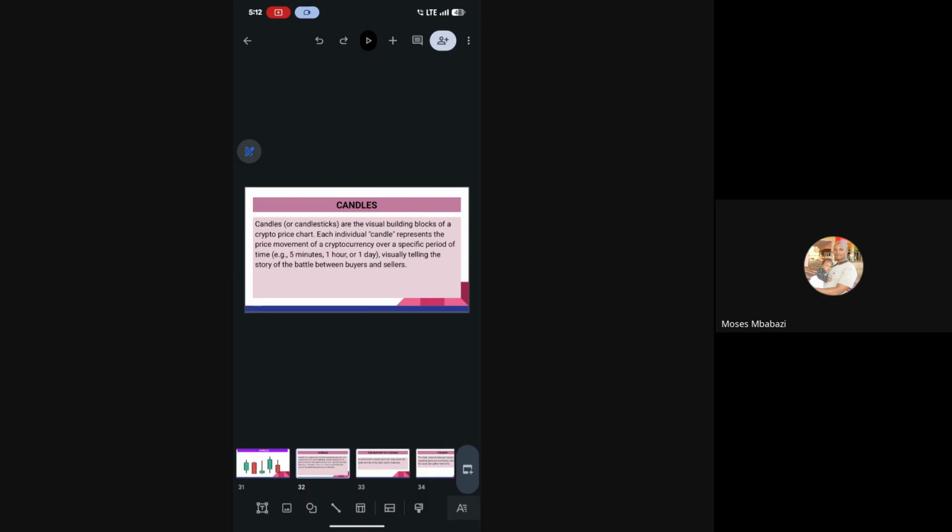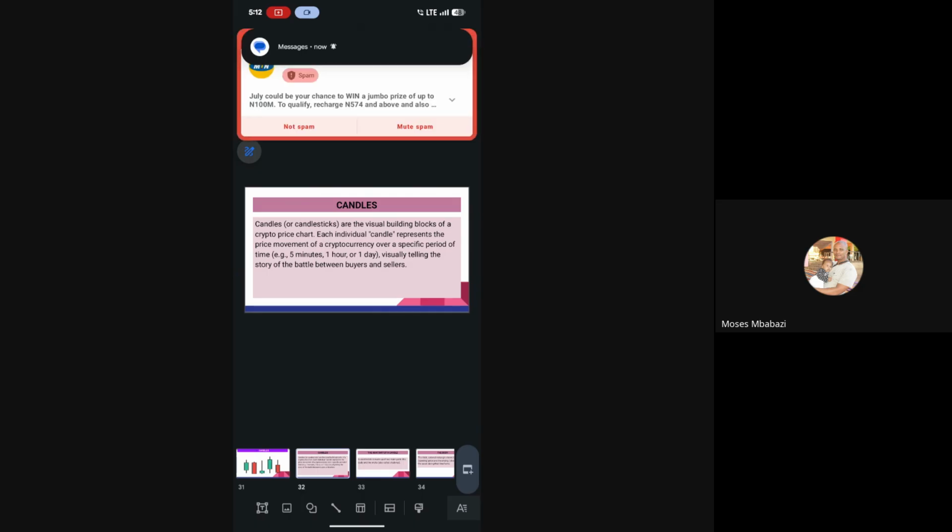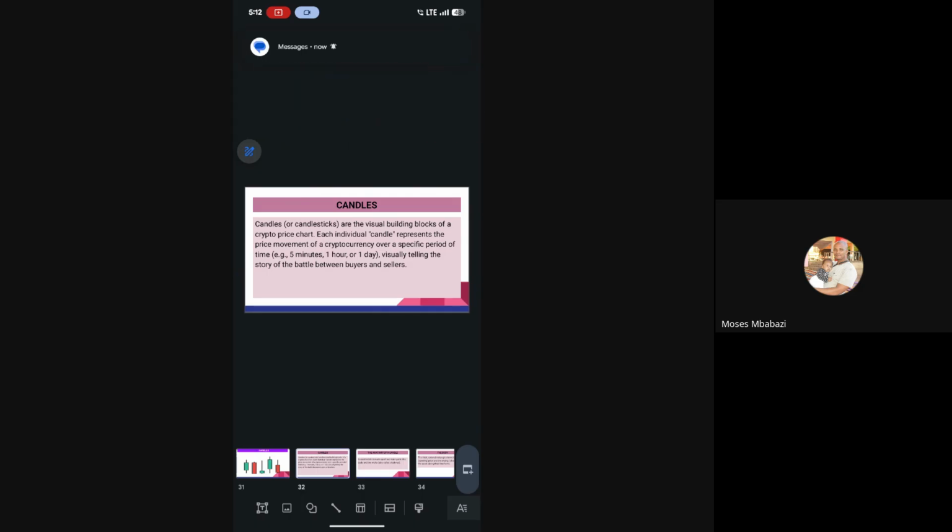We have candles on the 5 minutes, on the 1 hour time frame, on the 1 day time frame. All it is simply doing is visually telling us the story of the battle between buyers and sellers. Like I told us, the market space is like a war zone. Buyers and sellers, they are aiming at each other. That's the best way to identify what's going on in the crypto market space.